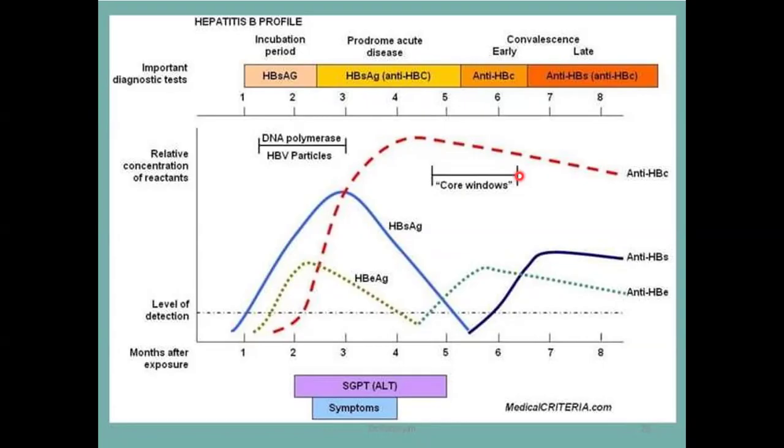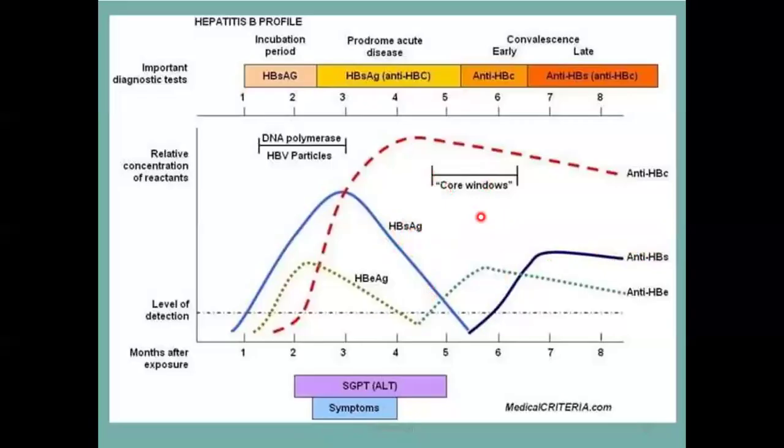Incubation period basically means you get the disease but you don't have symptoms. No. What this means is it's the period between when hepatitis B surface antigen falls and the antibodies rise.